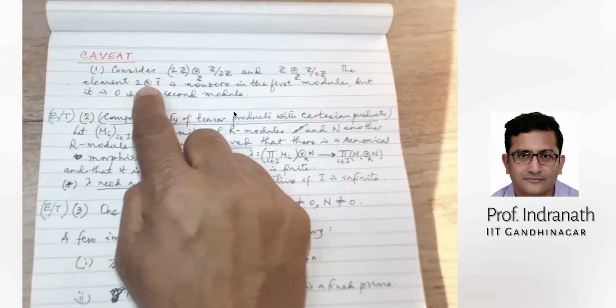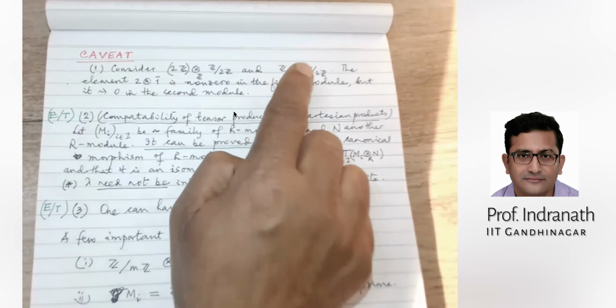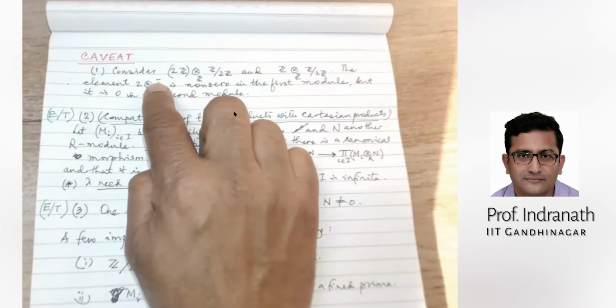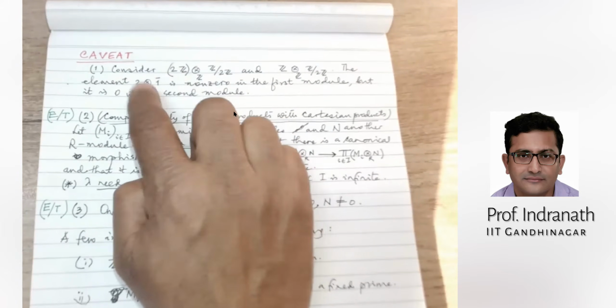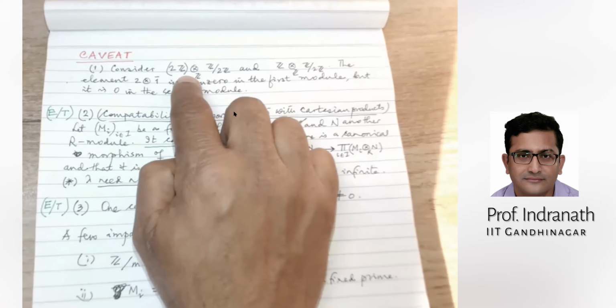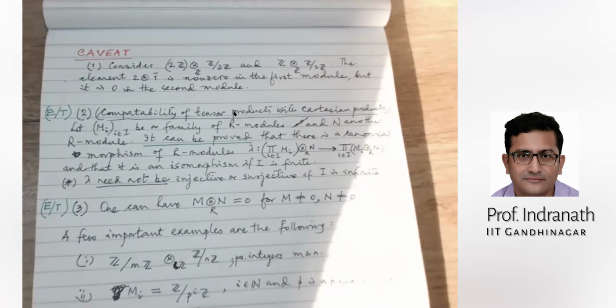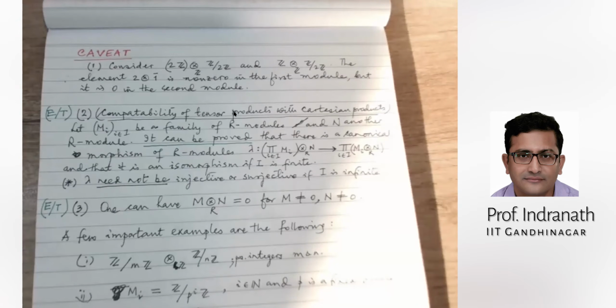The question was not why it is 0 in the second module. That is clear, because 2 can be pulled out and pushed in here. But why it is non-zero in the first module is the question which needs to be sorted out. Sir, if I take the submodule generated by 2 tensor 1 and take the quotient, then I think it will be isomorphic to Z mod 2Z.